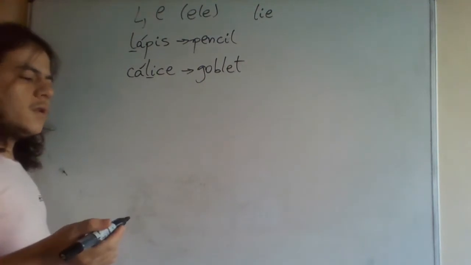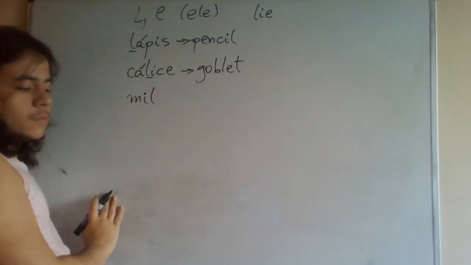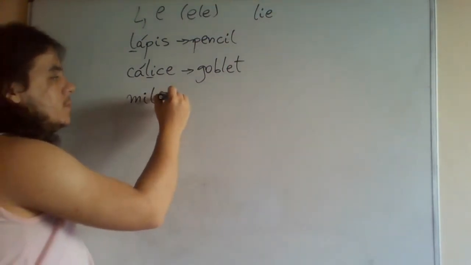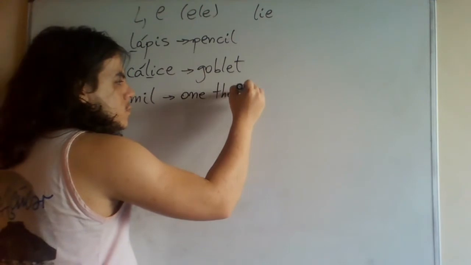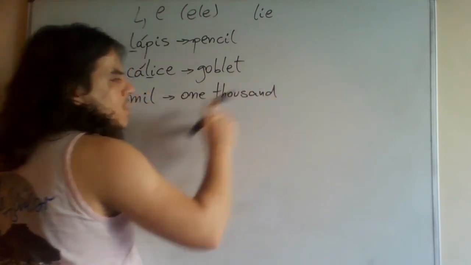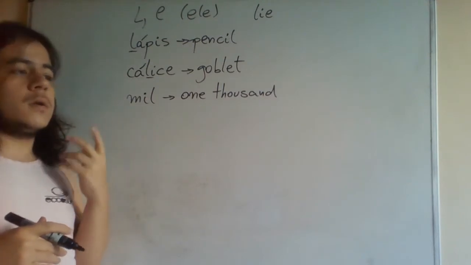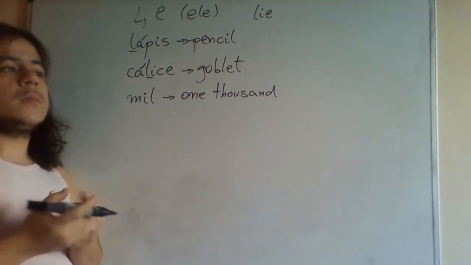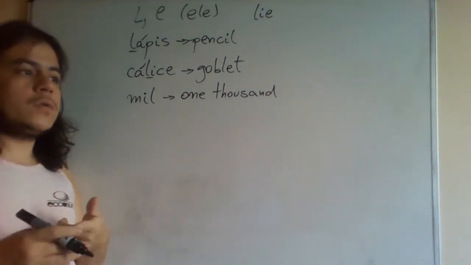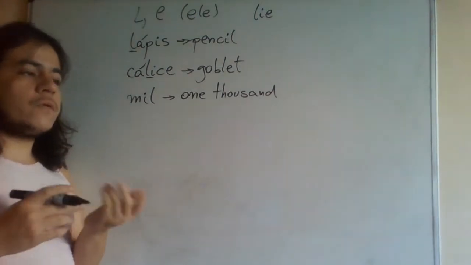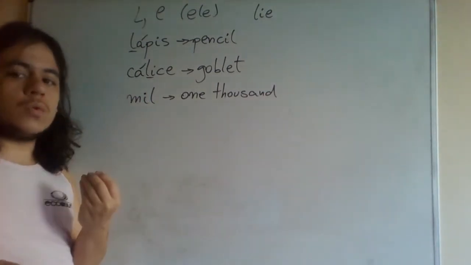At the end of a syllable, mil. It's a number, it means 1000, mil. When letter L comes at the end of a syllable in speaking, we substitute letter L for the letter U and we say mil.